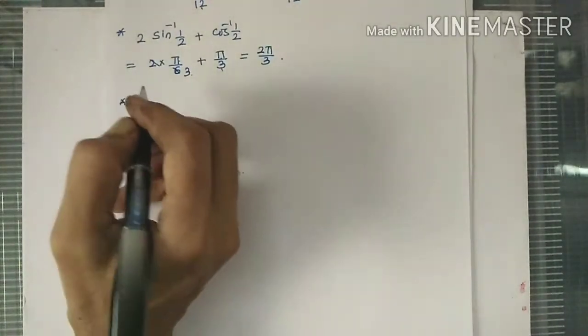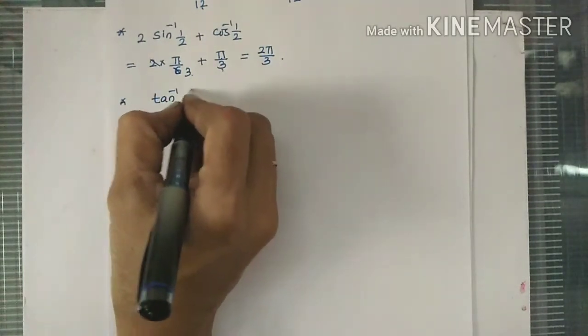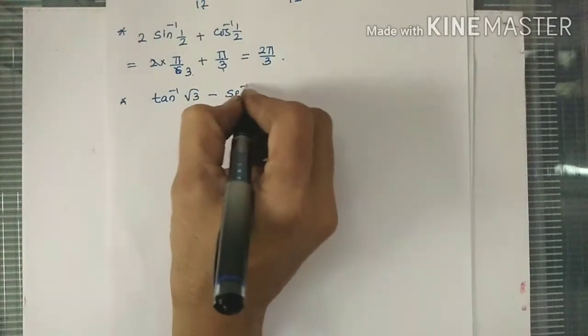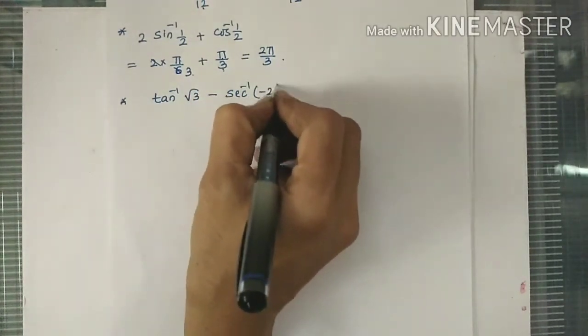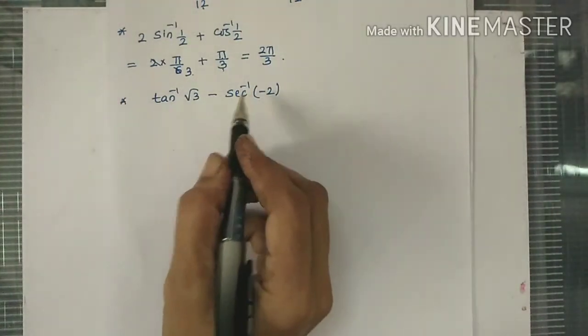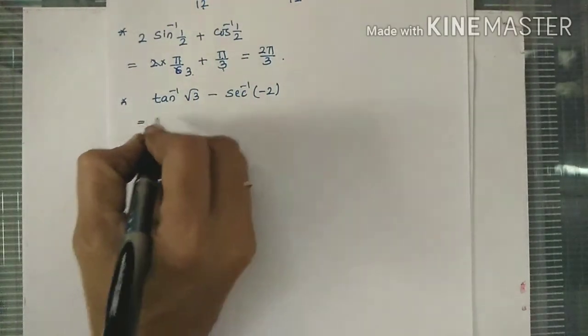Evaluate tan inverse of root 3 minus sec inverse of minus 2. Okay. First let's convert sec inverse into cos inverse. That will be convenient for us.